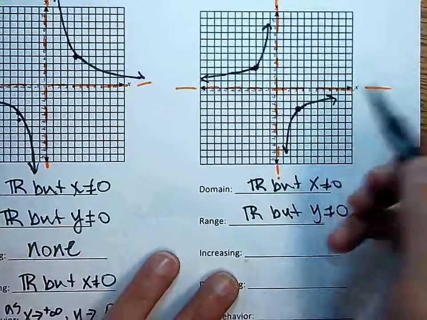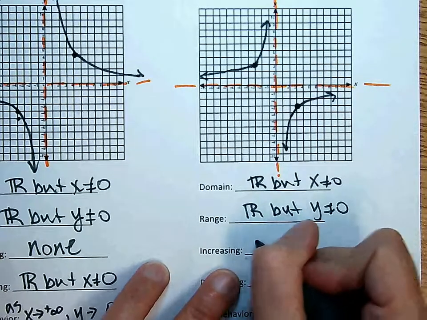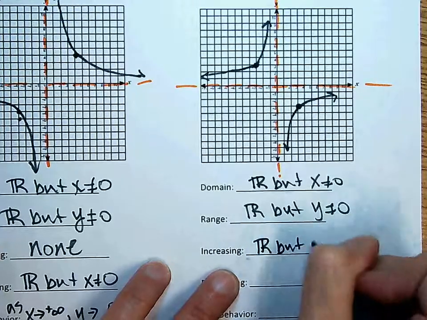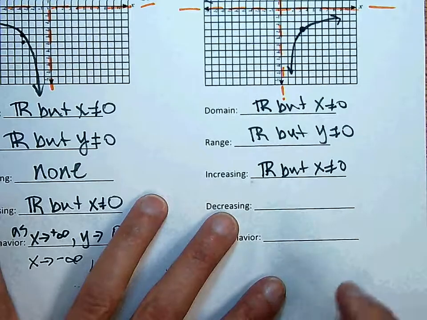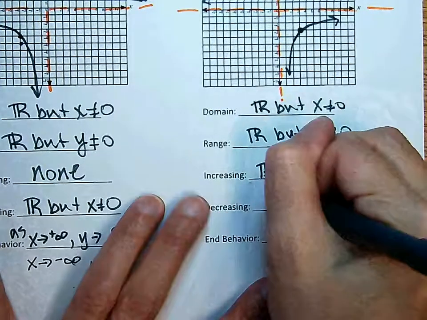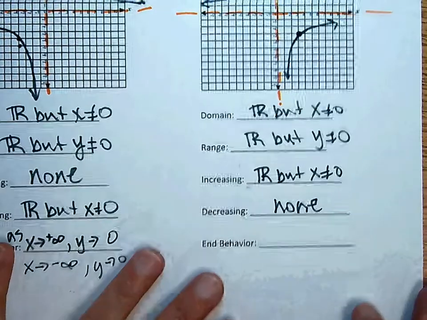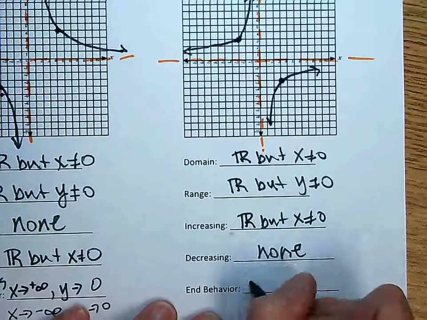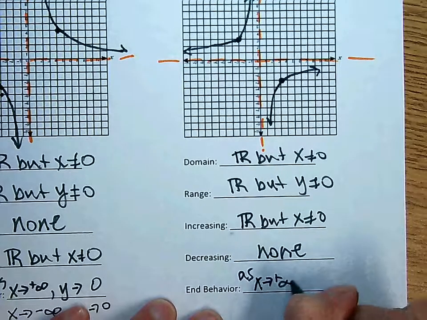So with that, increasing are all reals, but x cannot equal 0. What about decreasing? None. What about end behavior? As x goes to positive infinity, y goes to 0.